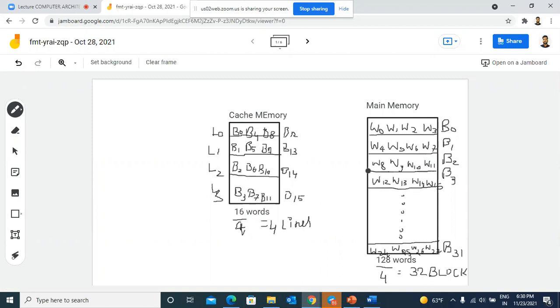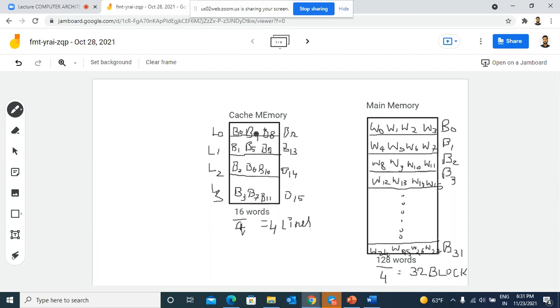So let's say you have stored data in this word 4 location. This word 4 location comes in block 1. So it will be saved in cache memory in line 1, and the CPU will directly fetch it.